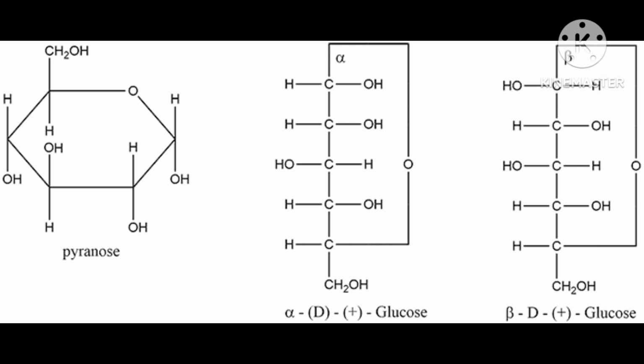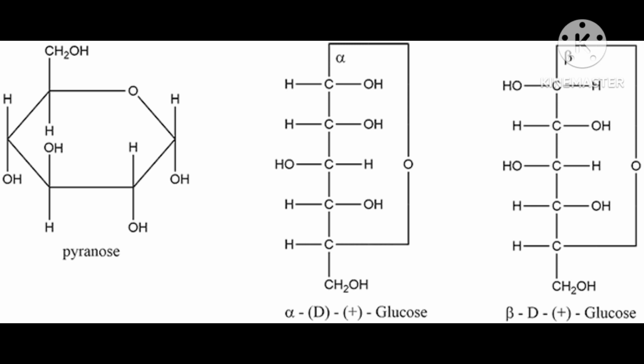Out of that, the second carbon OH was at the right side, and the third carbon OH was at the left side, and the next two were on the right side, means the fourth and fifth OH were at the right side, and on the opposite side H was there. This is actually the correct structure of glucose.